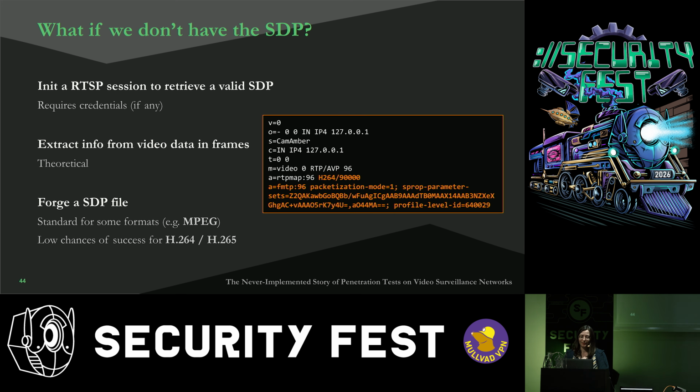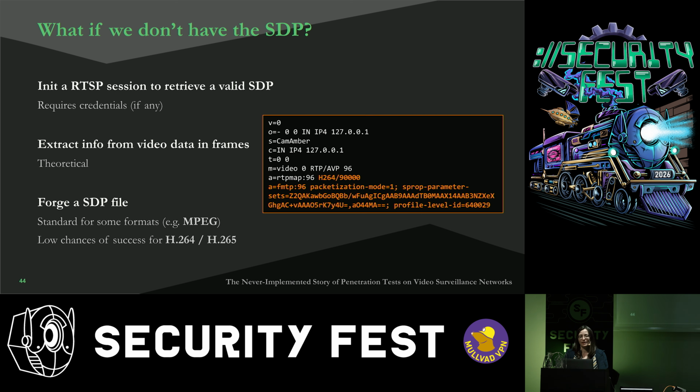So what do we do then? We still need it. So there are a few ways to retrieve it. We can try them depending on the situation. The most straightforward way is to initialize another RTSP session, an independent one, with the camera. We retrieve the SDP, and then we can use the same SDP on our intercepted session. It works.